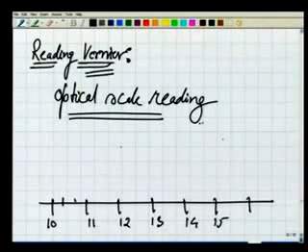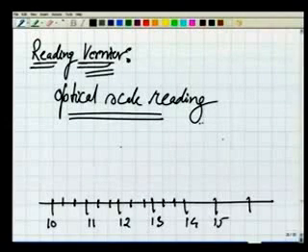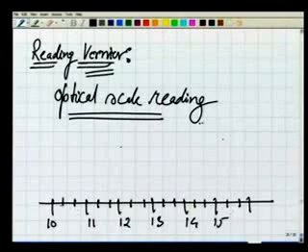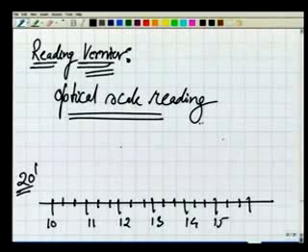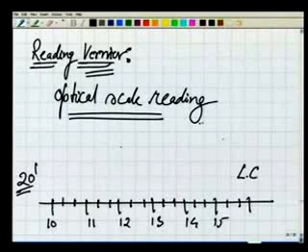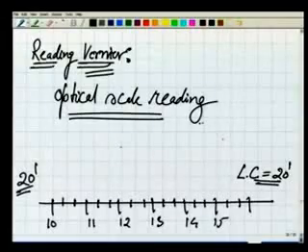We have further subdivisions. Each degree is divided into further divisions of 20 minutes. So the least count of the main scale is 20 minutes. If you are using only the main scale, we can read up to 20 minutes.